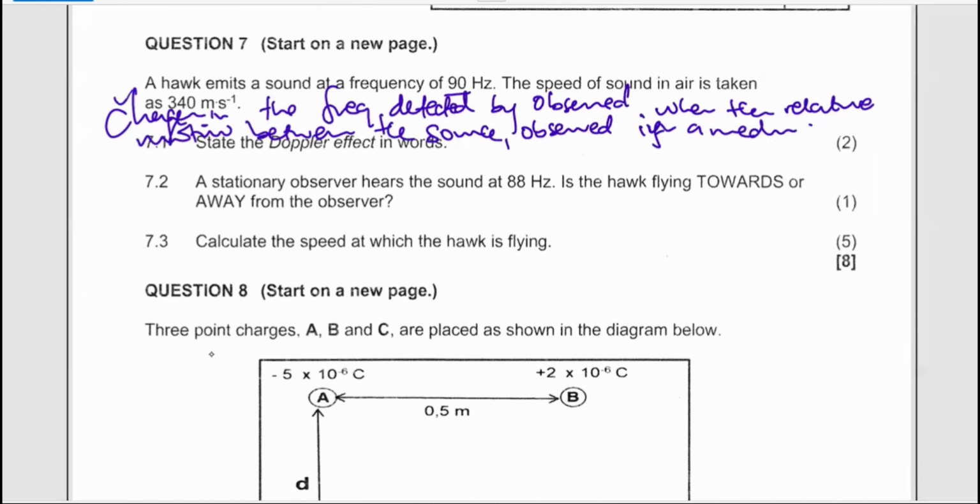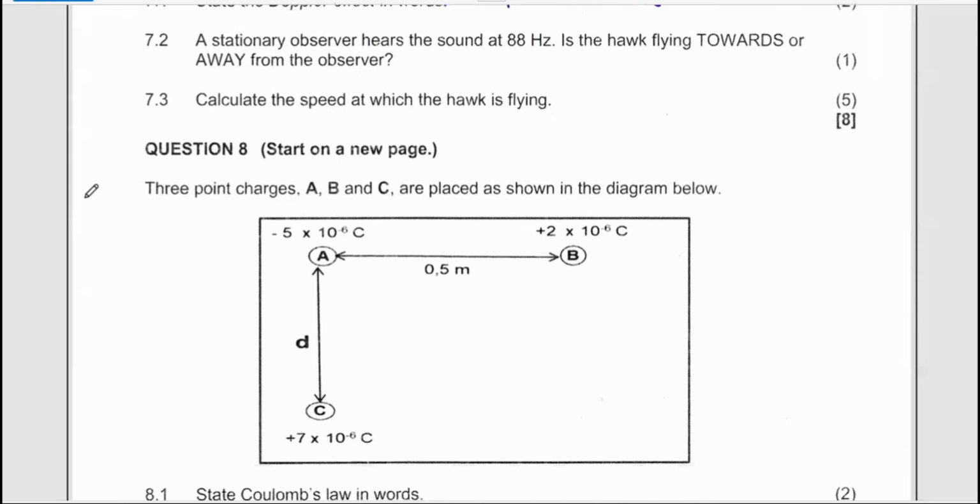So for as long as you talk about the apparent change between the observed frequency and the emitted frequency, as a result of the change in the velocities of the source and the observer.